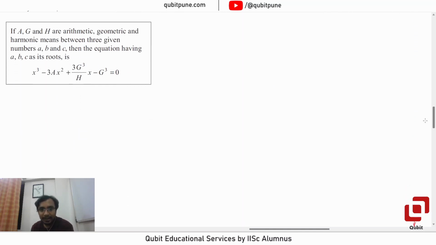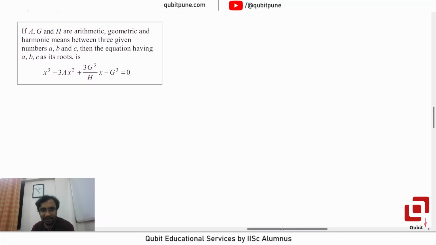There is another result that, if you know, could be better, but I'm not insisting you remember this. If A, G and H are the arithmetic, geometric and harmonic means respectively between three given numbers a, b and c, then the equation having the numbers themselves as its roots is x cubed minus 3Ax squared plus 3G cubed upon H x minus G cubed equal to 0.